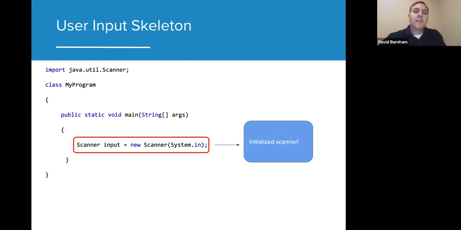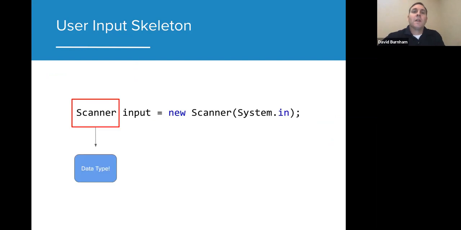Okay. The second statement that we have is the line that actually initializes our Scanner. So if we look at this, it should look a little bit familiar as we saw variables in the past. This time though, we're actually creating a variable called input using the Scanner data.